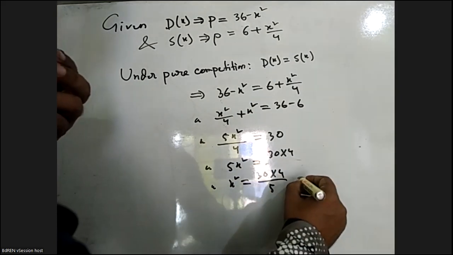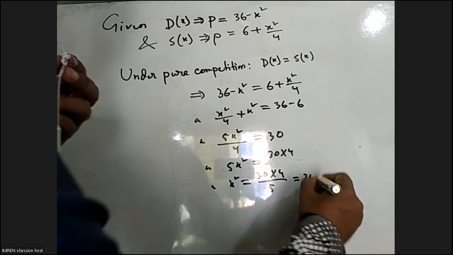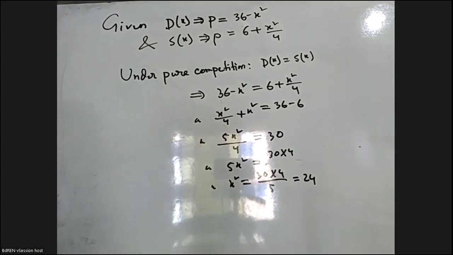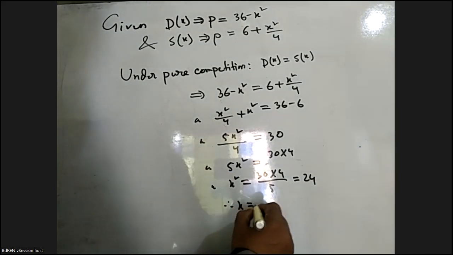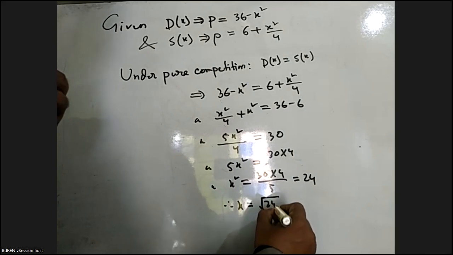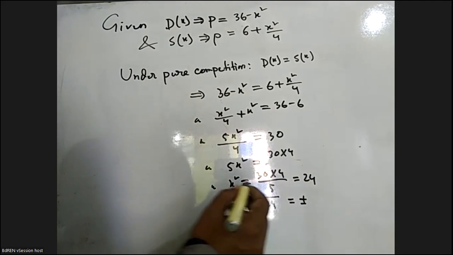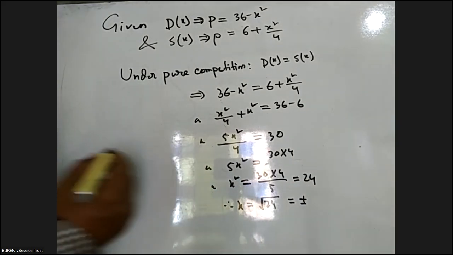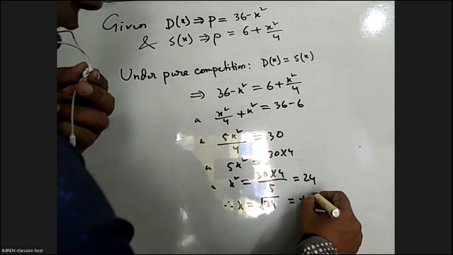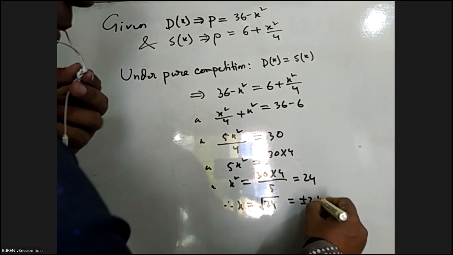So we get 24. We take x equals root over 24, that means plus or minus root of 4 multiplied by 6, which can be written as 2 root 6.